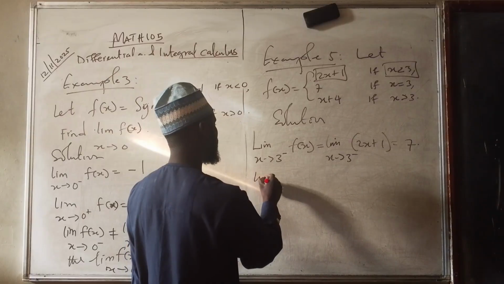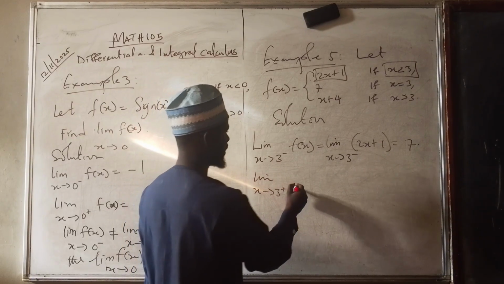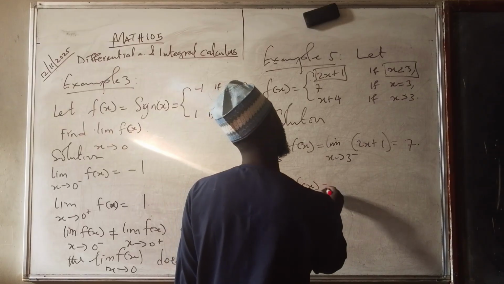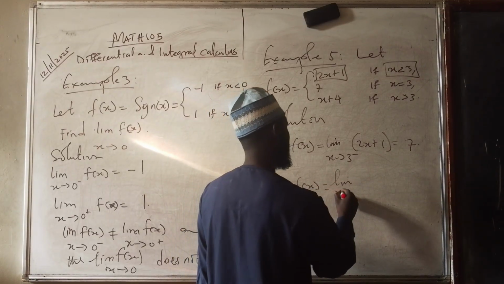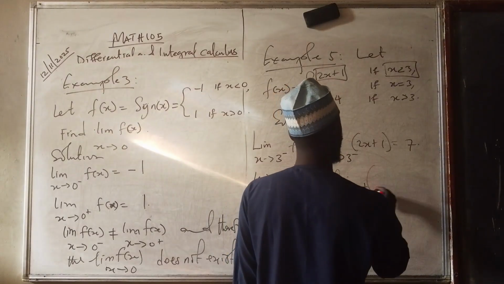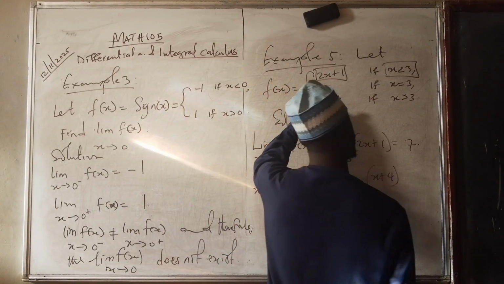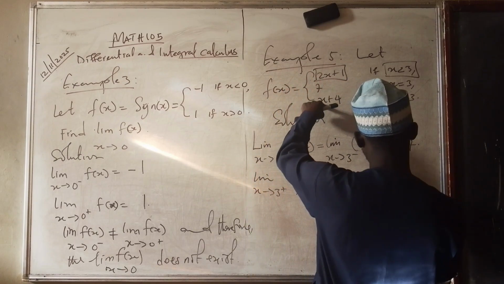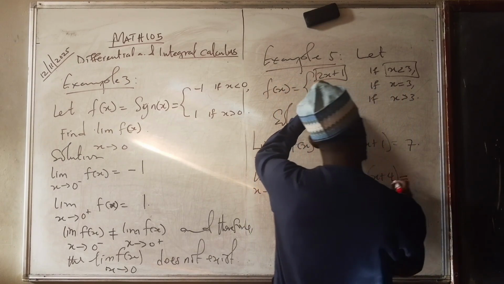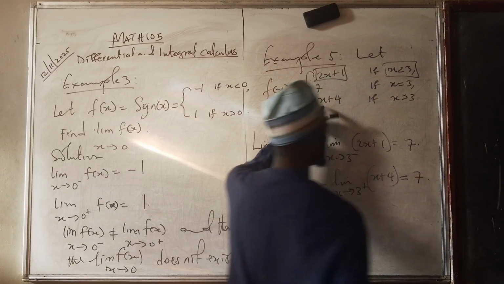Also, the limit as x tends to 3 from the right of f of x is equal to the limit as x tends to 3 from the right of x plus 4. And that is equal to what? 3 plus 4, and that is equal to 7.